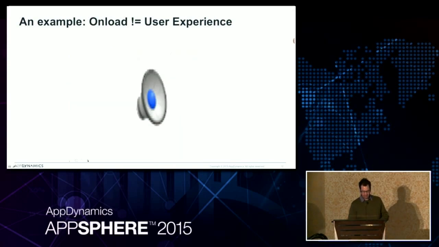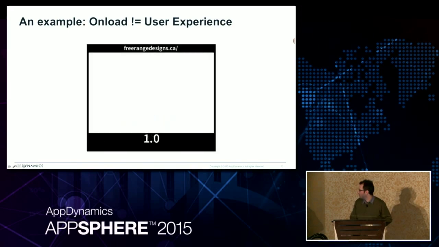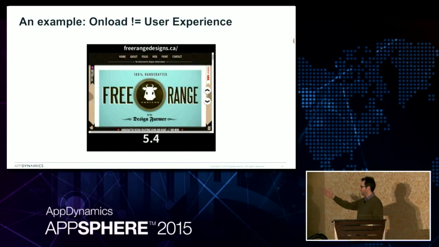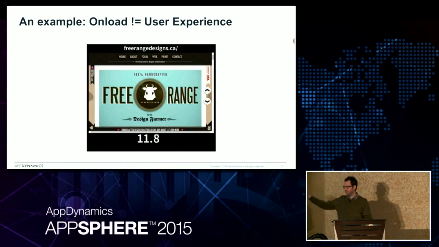Let me give you a visual representation of why on-load doesn't work, if I can find my mouse. There we go. So here we're loading a page. It's timing. Boom, 3 seconds. It looks like it's done. But wait a minute. The clock is still ticking. What's that mean? Well, there are other things going on in this page, still loading, still going.